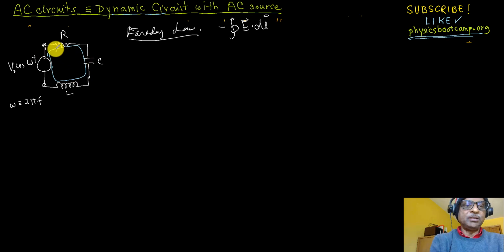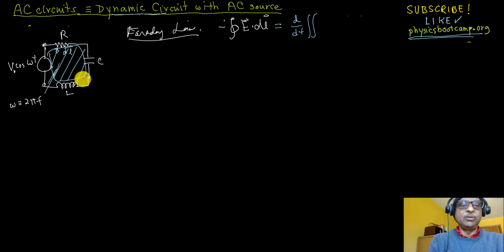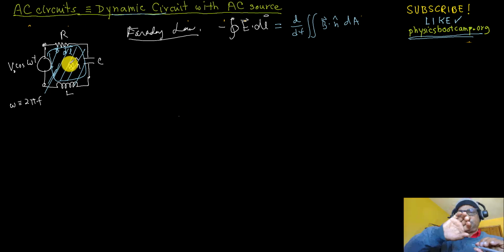This is a closed path, so dl is like that along the path, and that should be equal to minus d dt of the flux change through this area of the loop, B dot n hat dA. And if I go like this, the n hat is in that direction. Use the right hand rule.